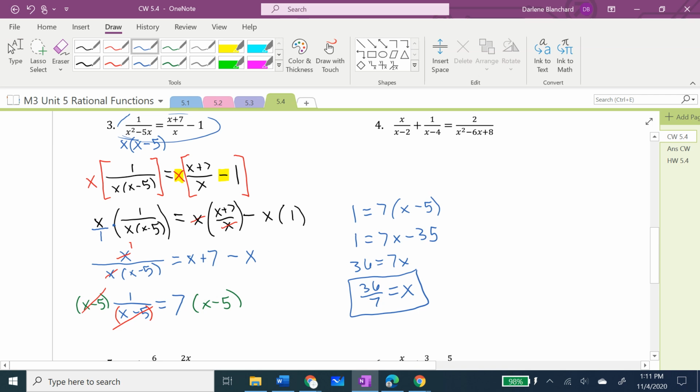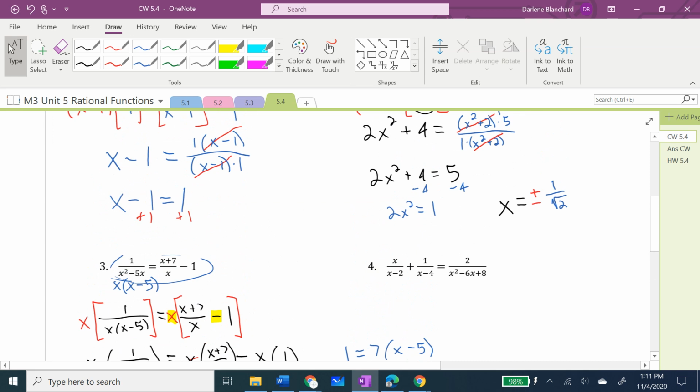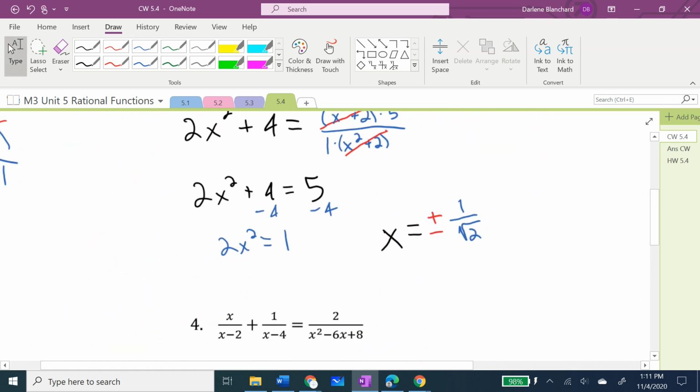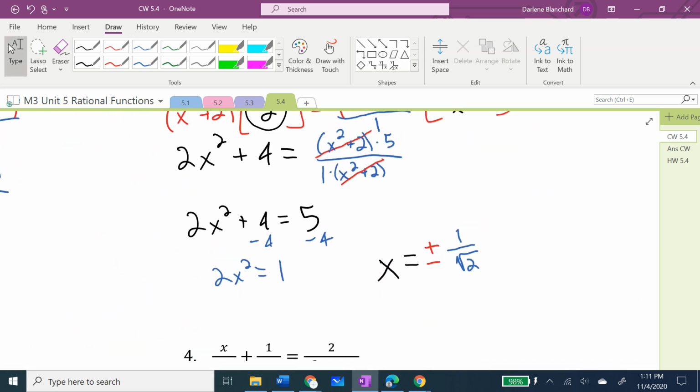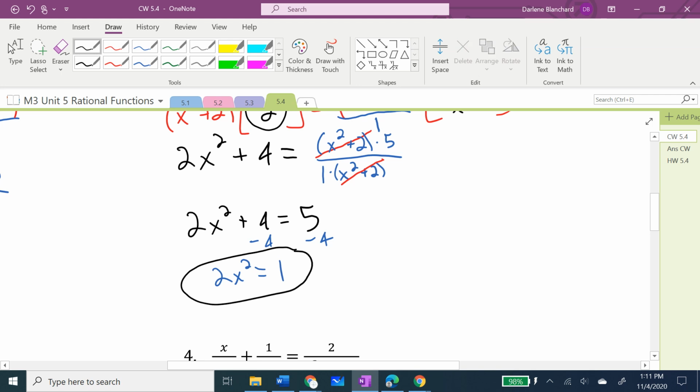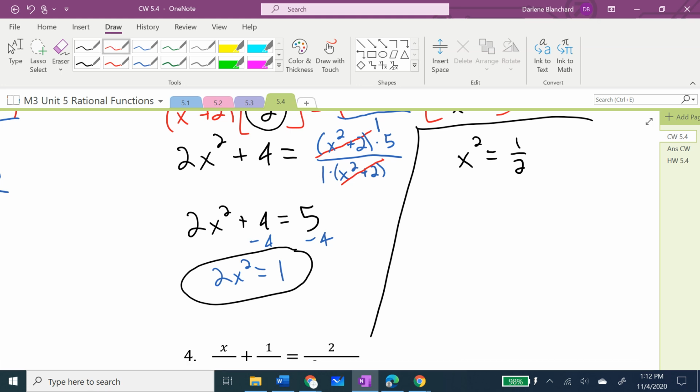Now, before I start 4, I want to go back to the square root issue because I realize I did that too quickly. So I'm going to erase this and go back to this step. As I'm isolating x squared, I'm going to divide both sides by 2. And then when I take a square root, I am square rooting the entire both sides.